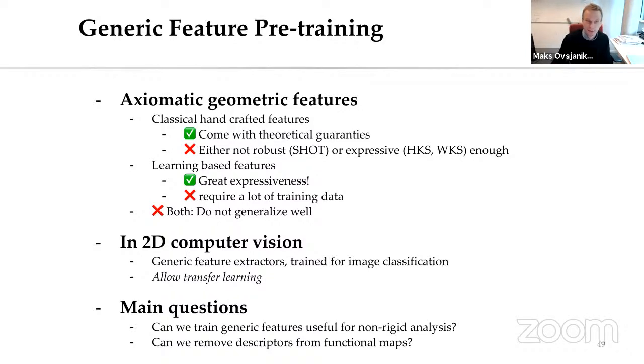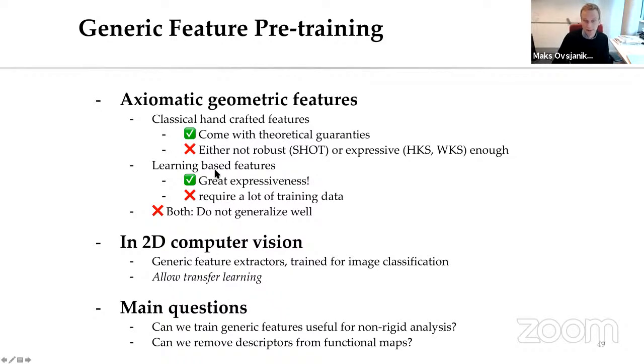If you have non-rigid shapes, we have axiomatic geometric features like heat kernel signature, for example, or SHOT, but they often have limitations. They might have theoretical guarantees, but they're either not robust to changes in triangulation, like SHOT, or have limited expressive power.